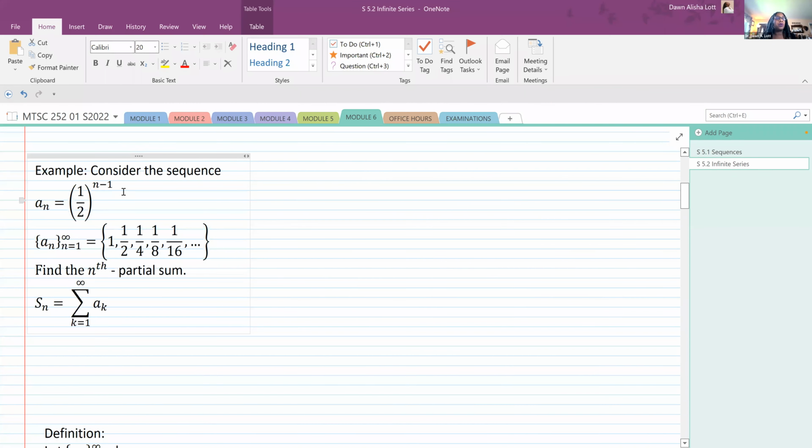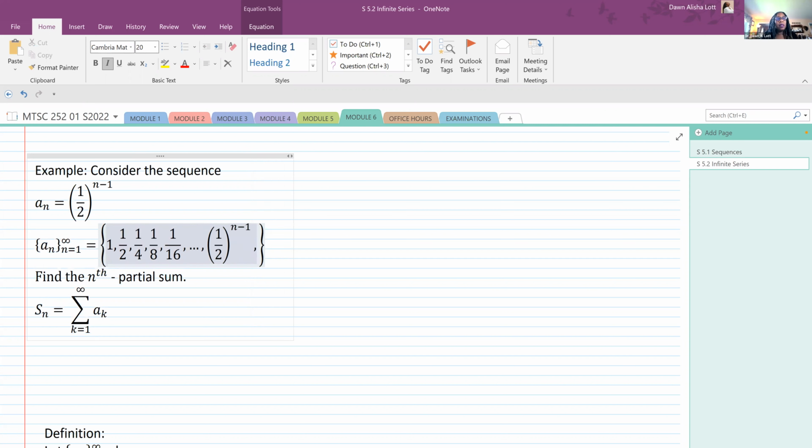When I do n equals 3, I get 1/2 squared, that gives me 1/4. This is what the sequence looks like until I get to the nth term, 1/2 raised to the n minus 1, and then we just keep going.